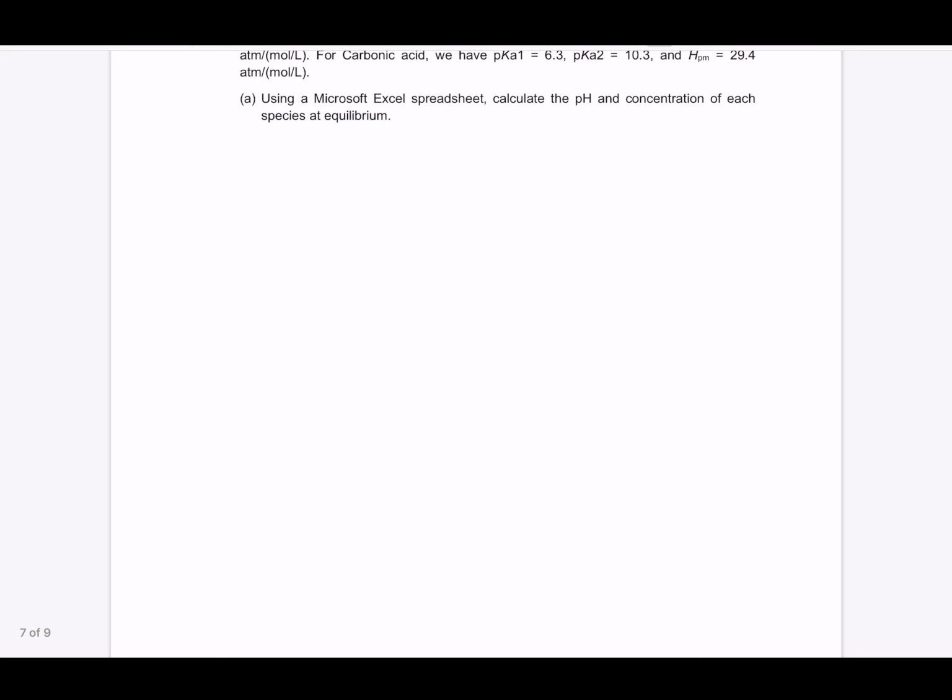So let's start first by deriving general equations for the system that is exposed to air. To start, we have both CO2 gas and H2S gas.